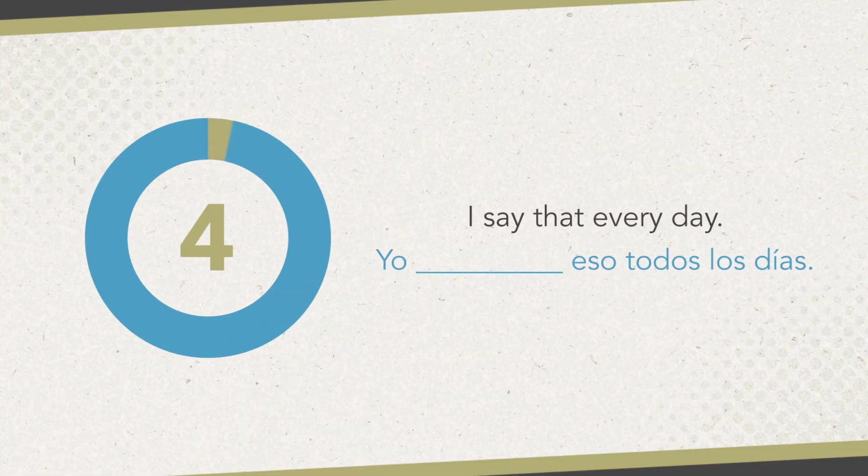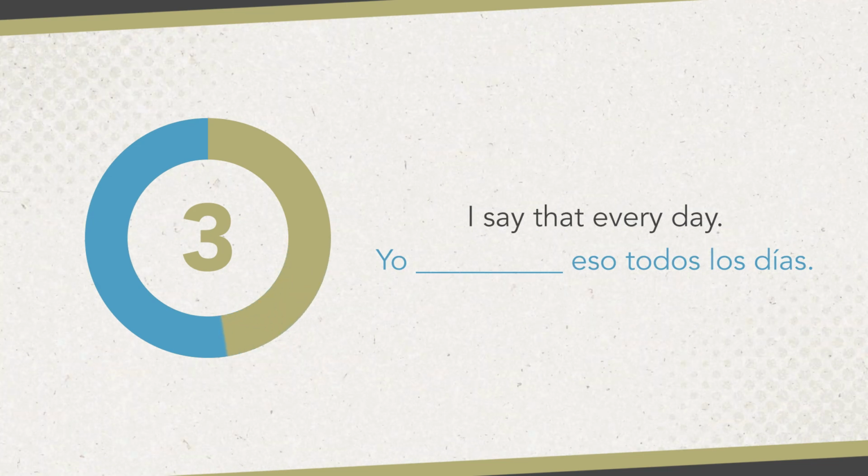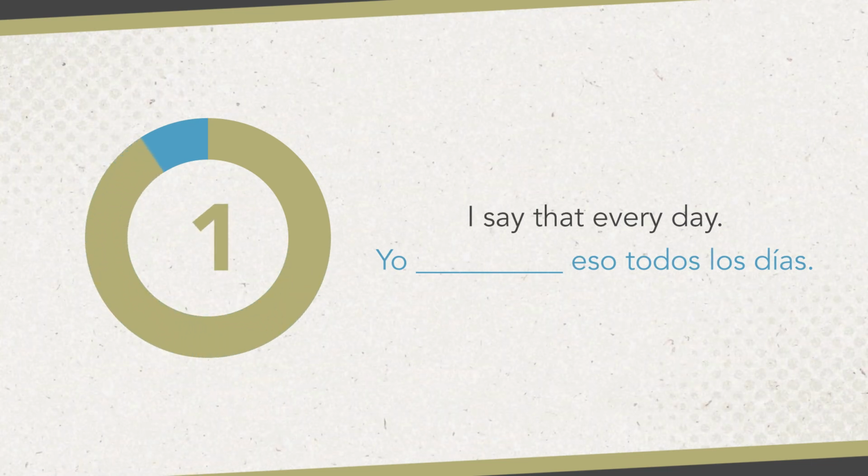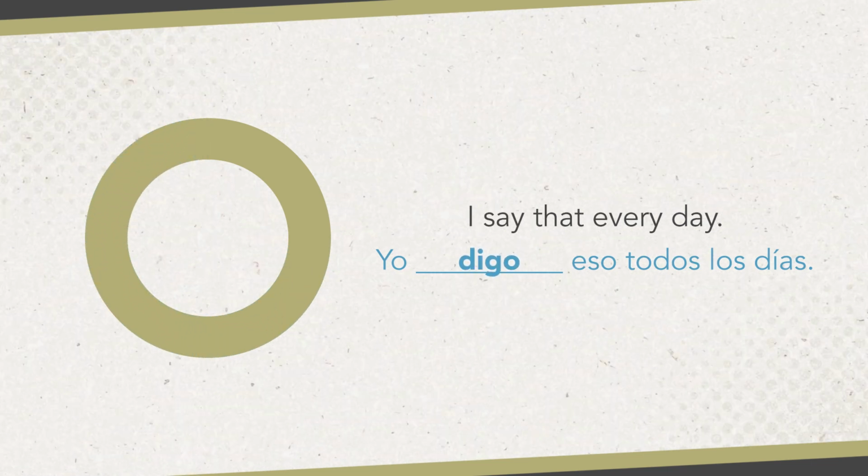Let's get a little bit of practice with flashcards that use these present tense forms of decir. See if you can fill in the blank with the right form of decir, as well as an indirect object when that's relevant. I say that every day. Yo digo eso todos los días.